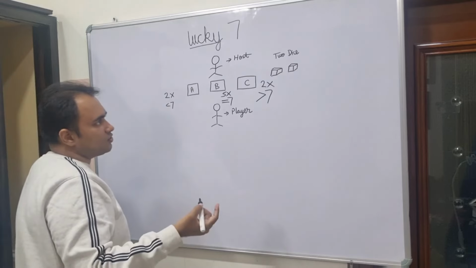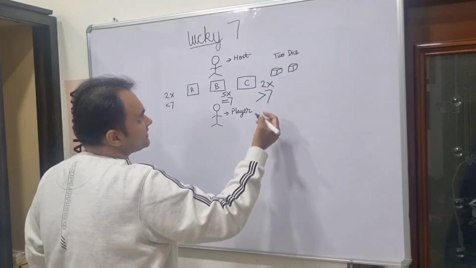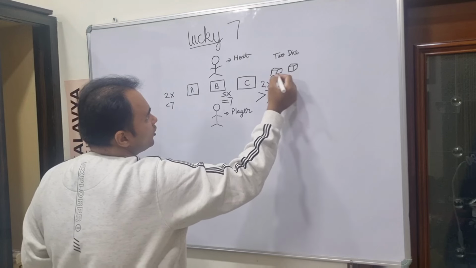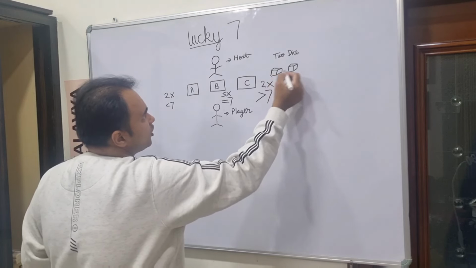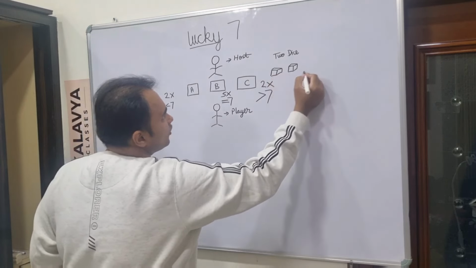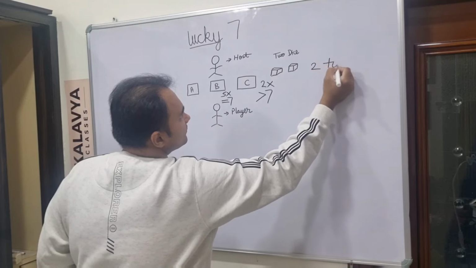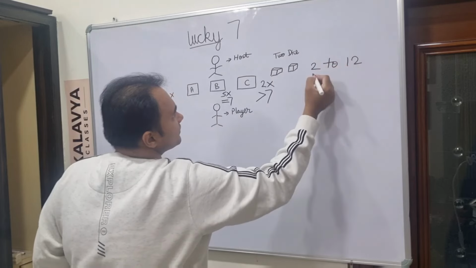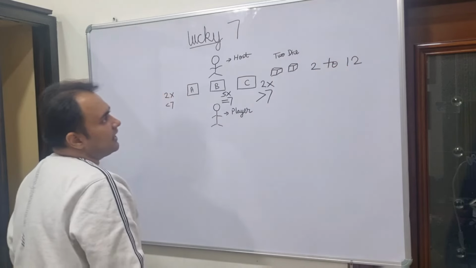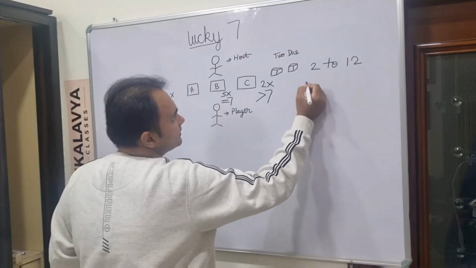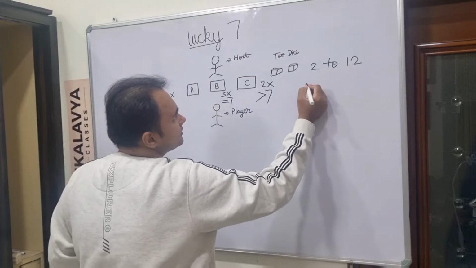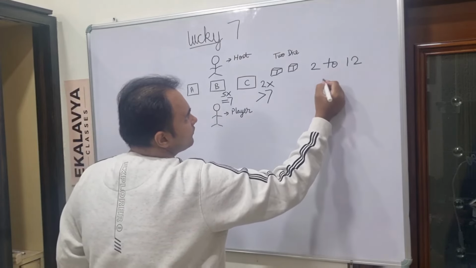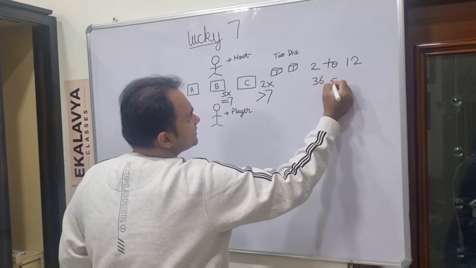Now using permutation combinations, we can see that the sum of the values on top of these 2 dice can range from 2 to 12, where 2 is 1 plus 1 and 12 is 6 plus 6. And there are total 36 configurations, which is 6 into 6.